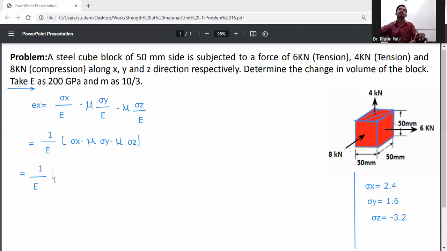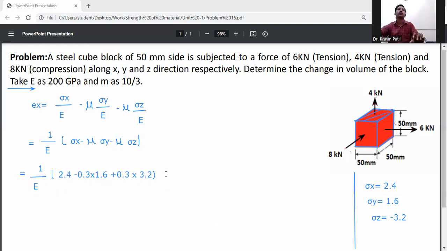Sigma x value we know will be 2.4. Then minus mu, which is 0.3, into sigma y, which is 1.6. Sigma z is minus, so it will become plus 0.3 into 3.2.